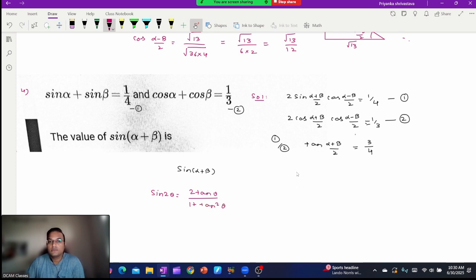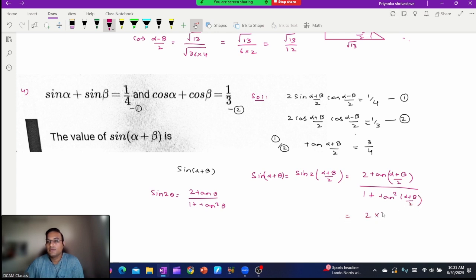So sine of 2 times (alpha plus beta)/2, which is sine of alpha plus beta, is equal to 2 tan of (alpha plus beta)/2 divided by 1 plus tan square (alpha plus beta)/2.